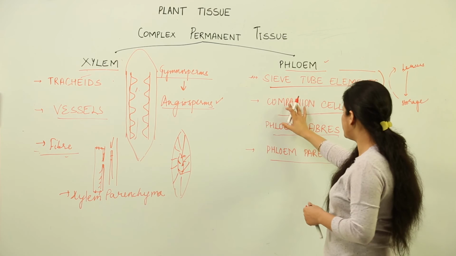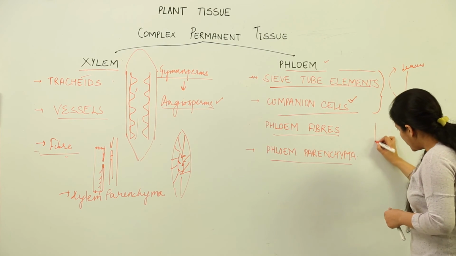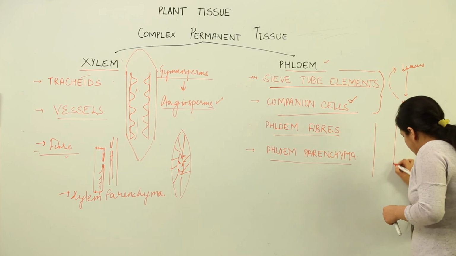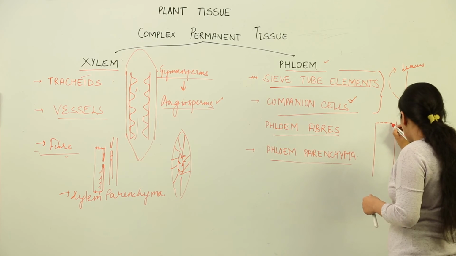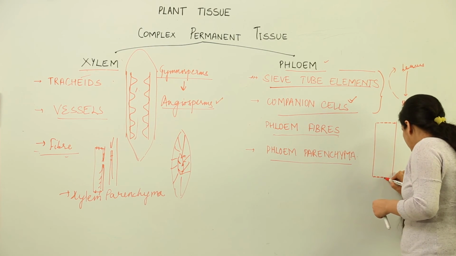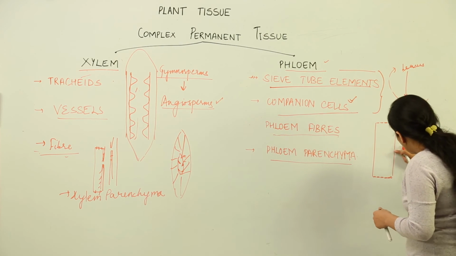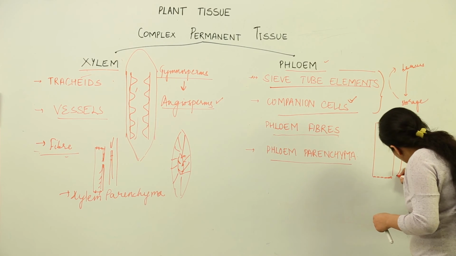How do a sieve tube element and a companion cell look? Pay attention over here. Supposedly this is a sieve tube element. They have perforated sieve pores present at their ends, and through pits they have a connection with a large companion cell.